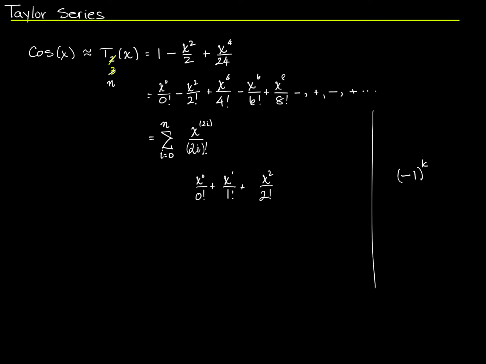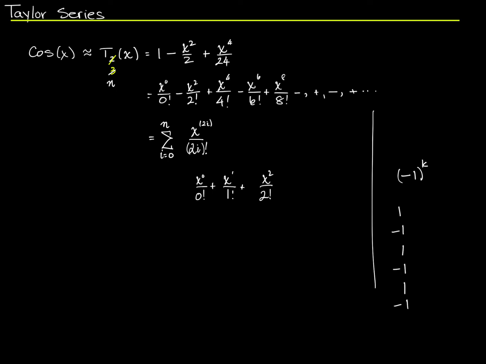When k is 0, anything to the 0 power is 1, so that's going to be +1. When k is 1, I'm going to get -1. When k is 2, oops, I get -1 squared, which is 1. When k is 3, I get -1. When k is 4, I get positive, and so on.